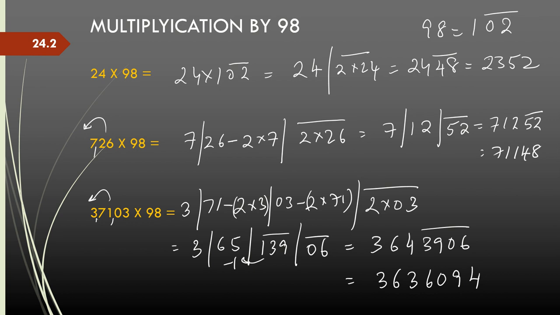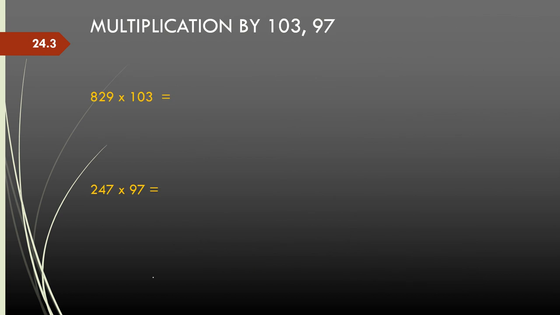Similarly, we can extend this process for numbers like 103, 104, etc., and 97, 96, all the way up to 10% increase or decrease. So for example, if I am multiplying 829 with 103, I'll start with the left 8, then is 3 times 8 plus 29, and then the last part is 3 times 29.